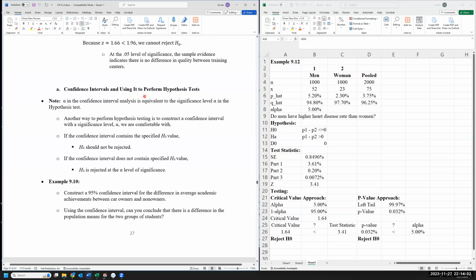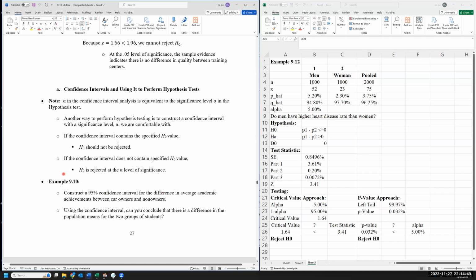Confidence interval and using it to perform hypothesis tests. You could also do a hypothesis test using the confidence intervals that we developed in chapter 8.